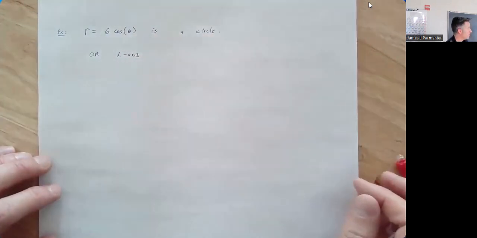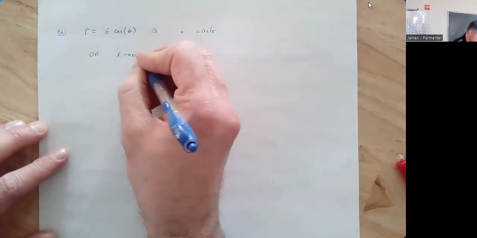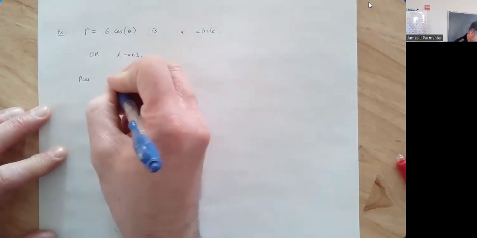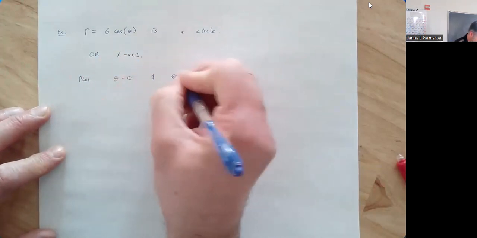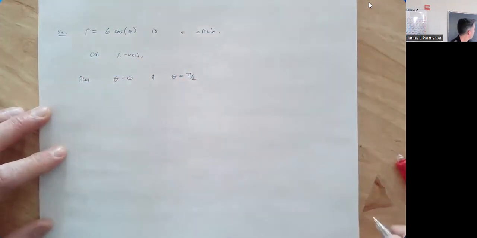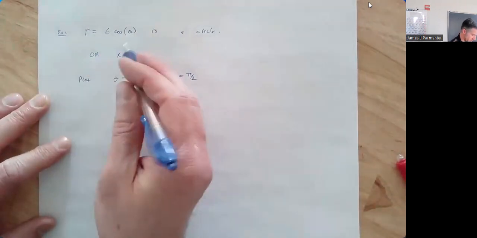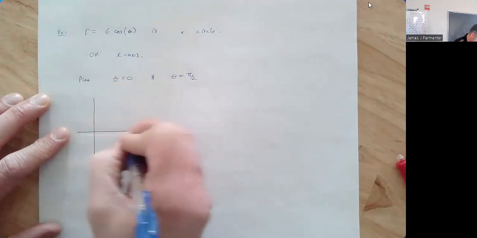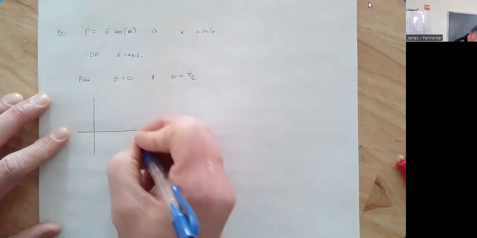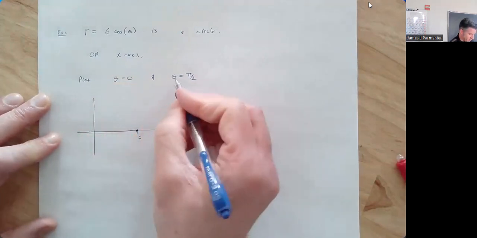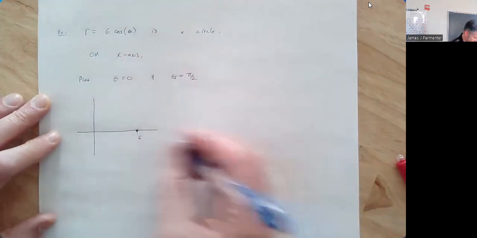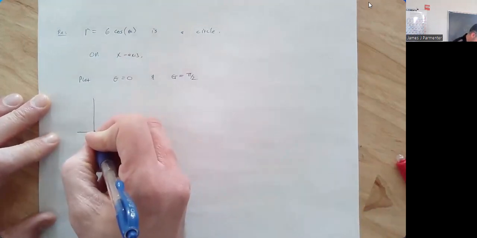And here's what I would do. I'm going to plot 2 points. So plot when theta equals 0 and theta equals pi over 2. When theta equals 0, cosine of 0 is 1. 6 times 1 is 6. When theta is pi over 2, cosine of pi over 2 is 0, and r equal to 0 is always just the origin.